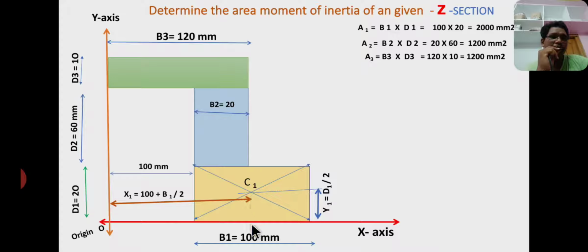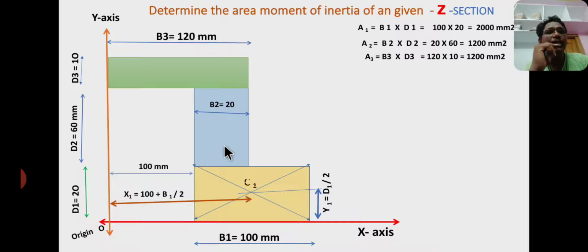Therefore, y1 equal to half of the height, that means d1 by 2 equal to 10 mm. Okay, from here to here you have to consider up to y-axis. Therefore, the gap is 100 mm plus half of the base. X1 equal to gap 100 mm plus half of the base, that is 100 plus b1 by 2 is the value of x1.